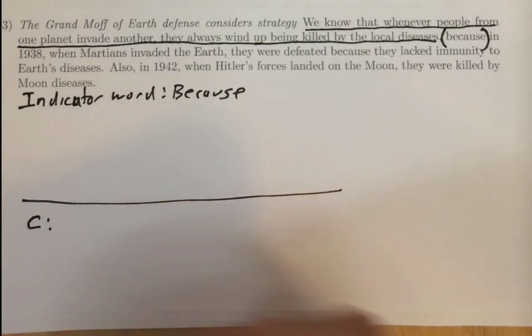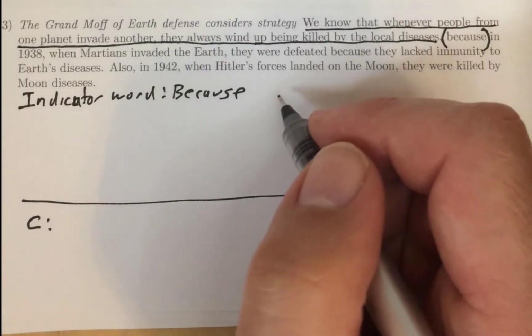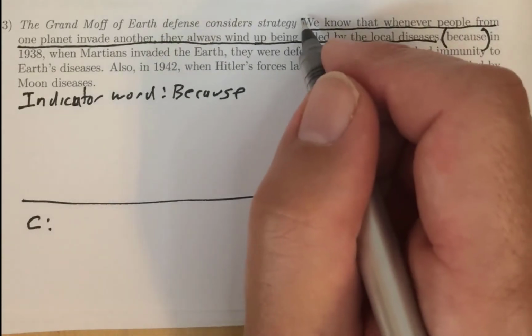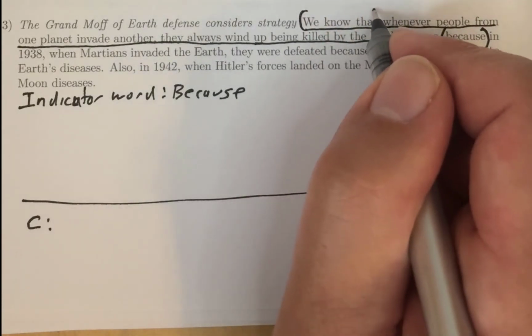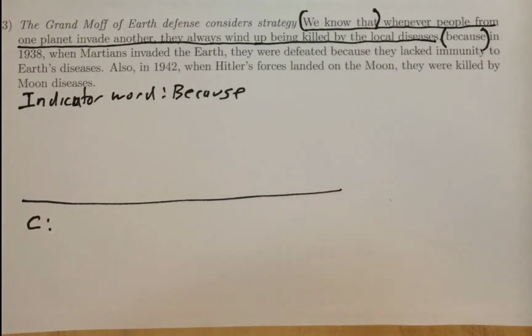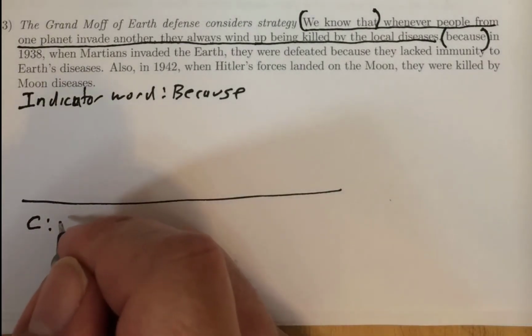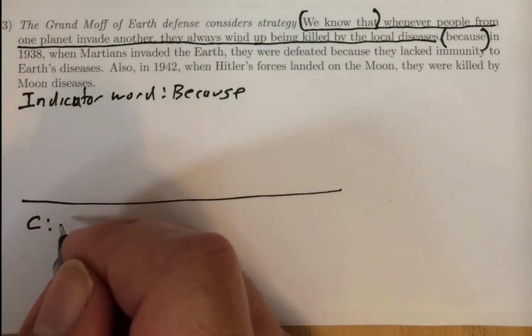We know, and we know that actually is functioning as an indicator word as well. So we'll block that off. Whenever people from one planet invade another, they always wind up being killed by the local diseases.